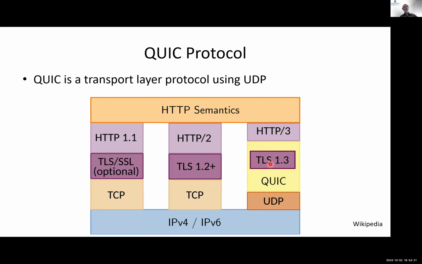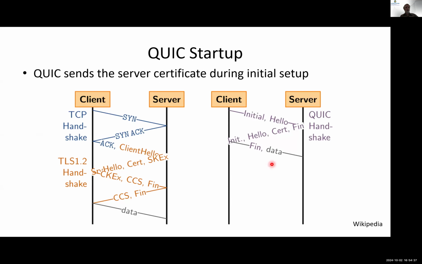It's not required, but it's typically used because almost everybody now is encrypting everything going over the web, and why wouldn't you? So when it sends the initial hello and first replies, it sends a certificate. So we can then use that and other information to pick up an encryption key and send that along with data, and then just keep on going. So it's a much faster start.